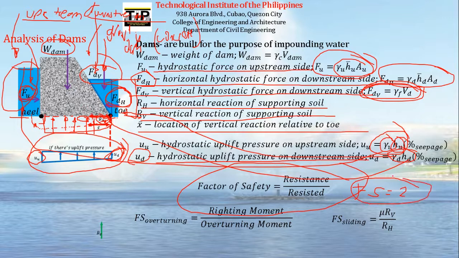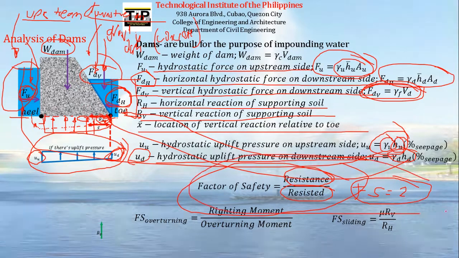So if our factor of safety is 2, if the resistance is twice the load, then we can make sure that the dam is safe in this category.